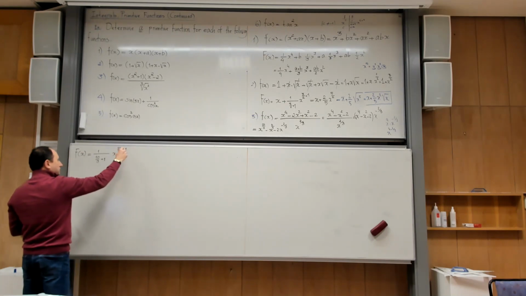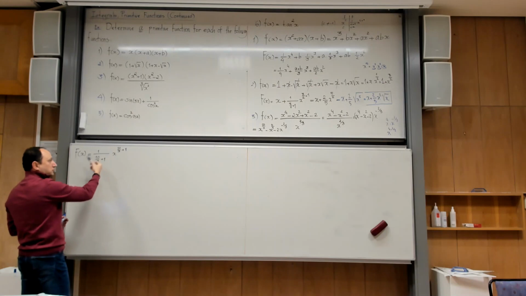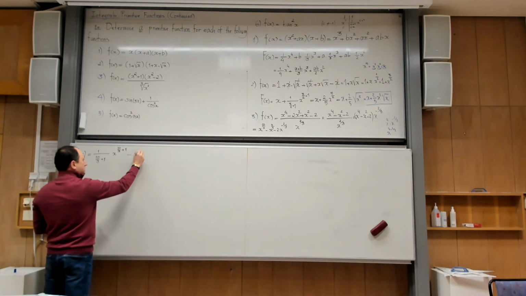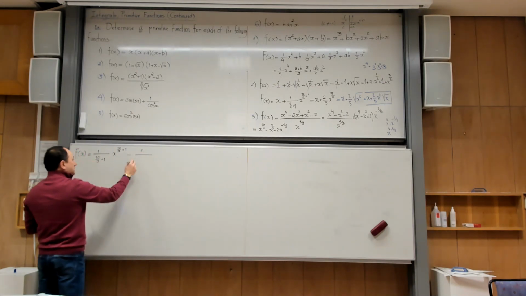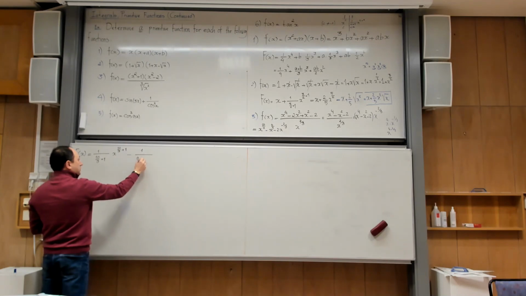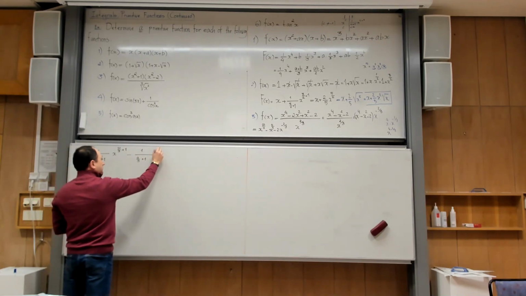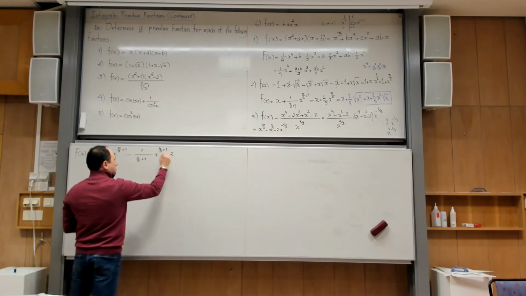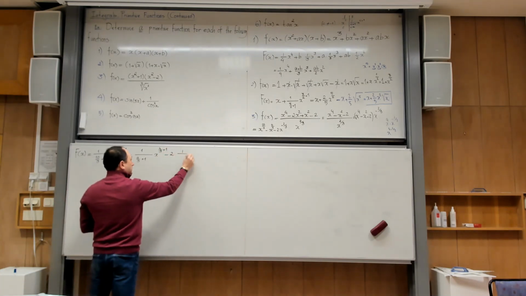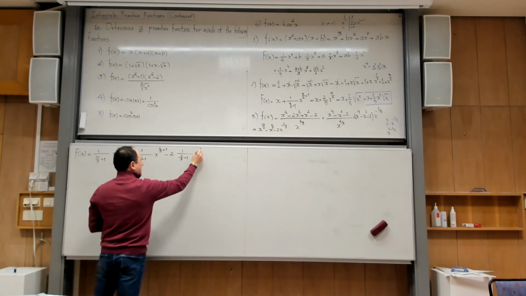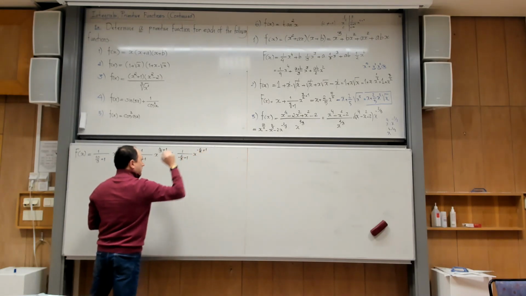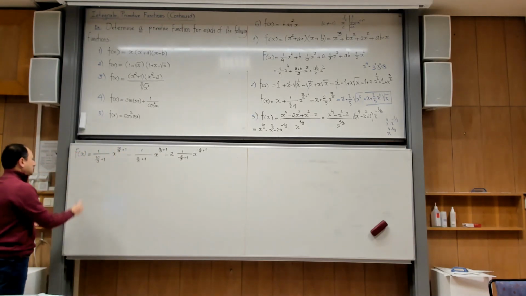And I really want you to be able to do it in your head. Of course, it doesn't matter if you write it, but it takes some time. And then it becomes 1 over 4/3 plus 1, x to the power of 4/3 plus 1. And finally, I have minus 2, 1 over minus 2/3 plus 1, x to the power of minus 2/3 plus 1. And then let us simplify that.